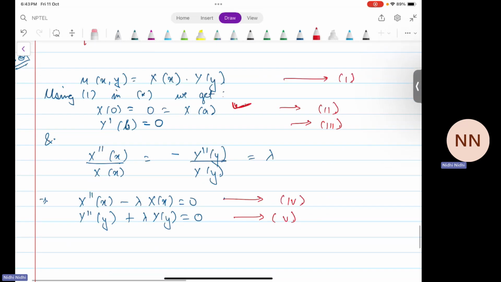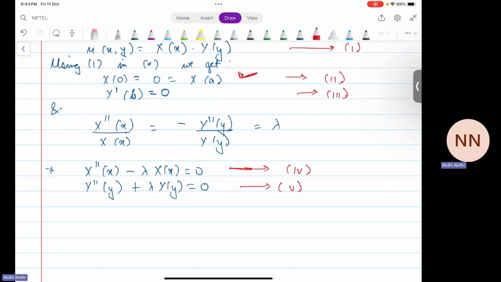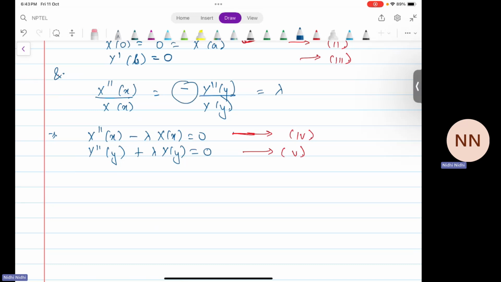So we take this minus sign so that corresponding to x we have an equation of this standard form. These are called Sturm-Liouville problems, so we get a Sturm-Liouville problem in variable x, and we again go through the same cases and find solutions, similar to what we had done earlier. So that is why we took this minus here.